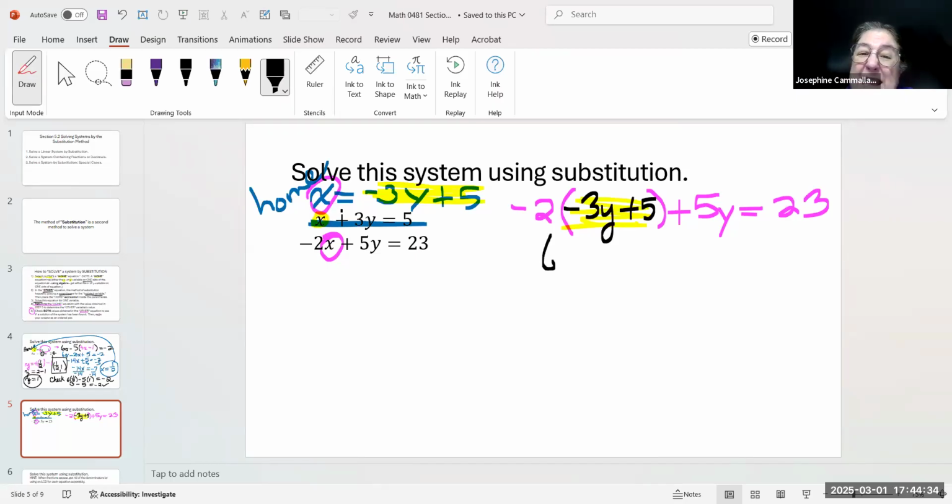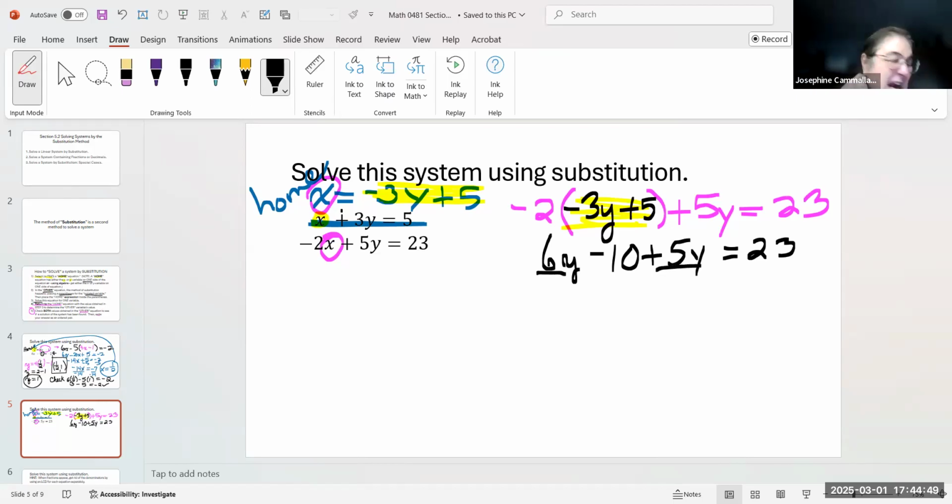Well, this will give me 6y minus 10 plus 5y is equal to 23. Well, 6y and 5y are going to give me 11y.